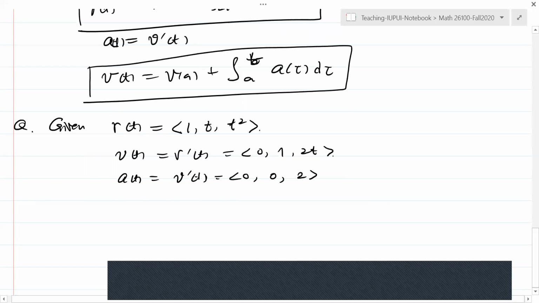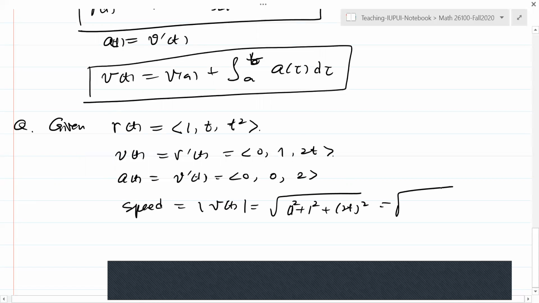Then we see that the speed is going to be the absolute value of the velocity. So it's going to be the square root of 1 plus 0 squared plus 1 squared plus 2t squared, which is the square root of 1 plus 4t squared.